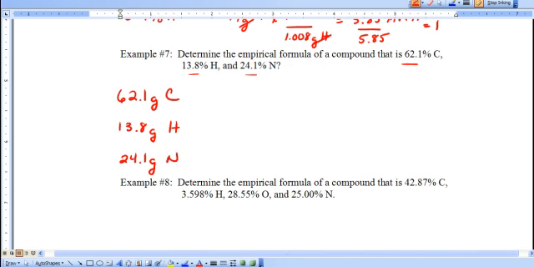Okay? And so, again, trying to find the lowest whole number mole ratio, we're going to change all of the masses into moles by dividing by the molar masses. There's the molar mass of carbon. We would do the same thing with hydrogen, and the same thing with nitrogen.